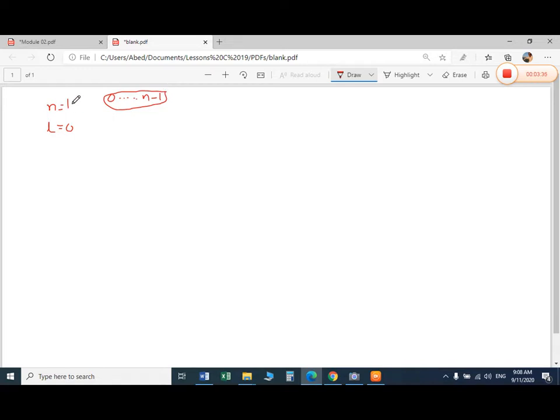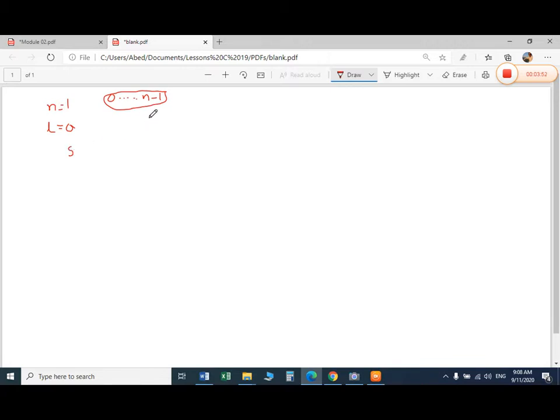So when n is equal to 1, it starts from 0 and finishes there. No need to go to other numbers, because it finishes 1 before the n. So this 0 means the s orbital. I'll show you the shape of the s orbital.